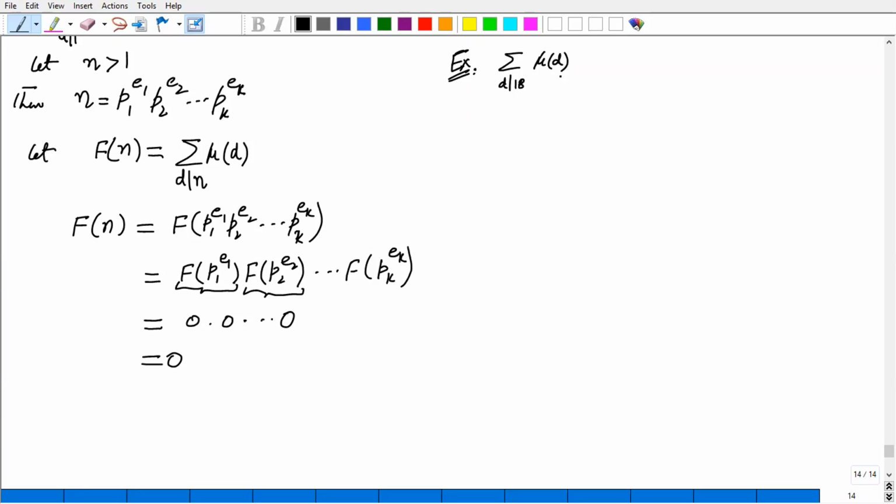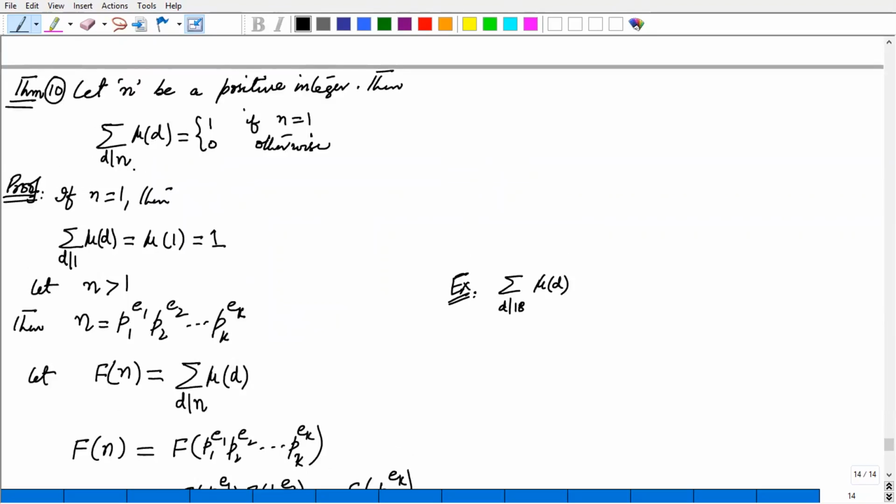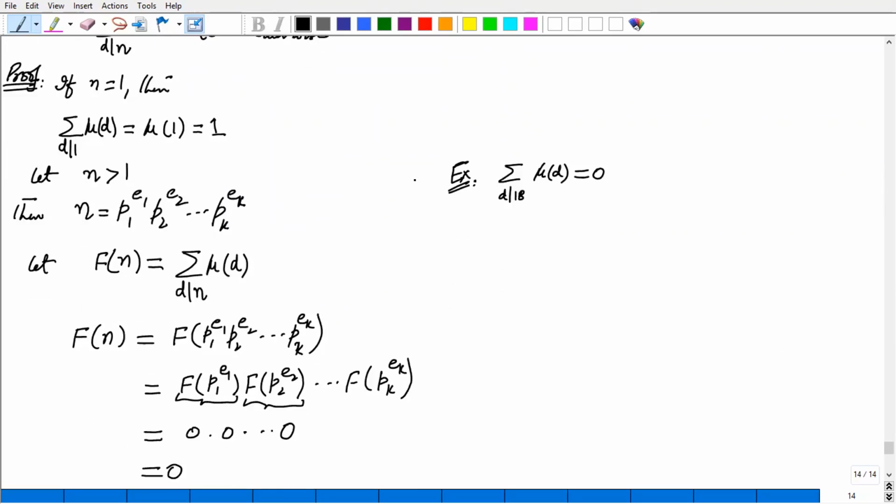So we can verify if we use this result. By using this result, this must be 0, by using theorem 10. But we can also verify the theorem by computation.